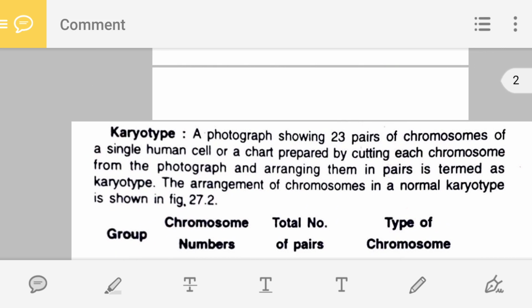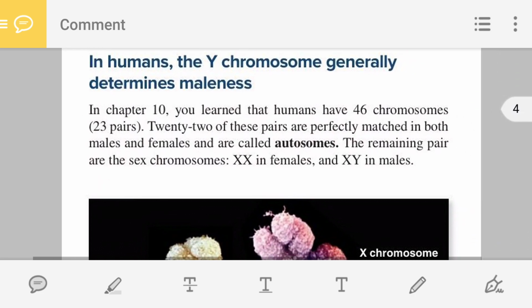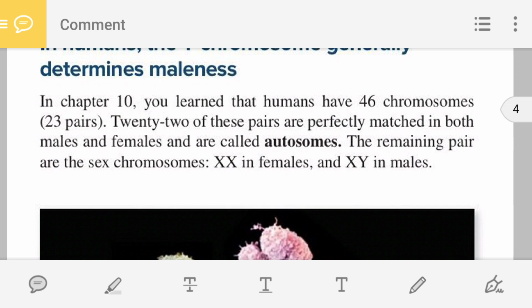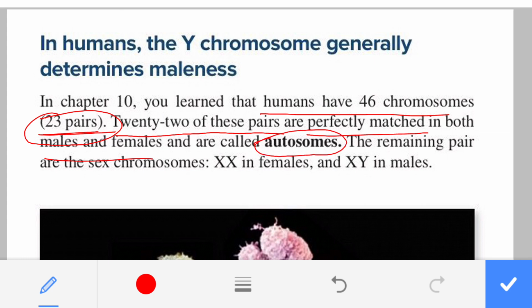Now we are moving forward. Now in humans, there are 46 chromosomes. That means 23 pairs of chromosomes. And from these 23 pairs of chromosomes, 22 pairs are perfectly matched in both males and females, and these 22 pairs are known as the autosomes.